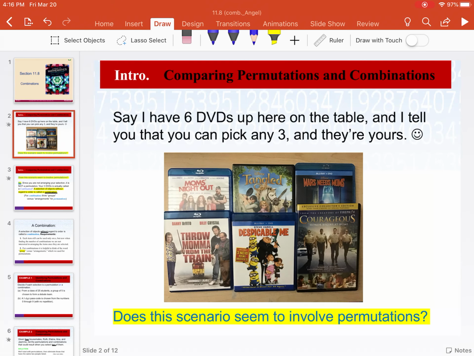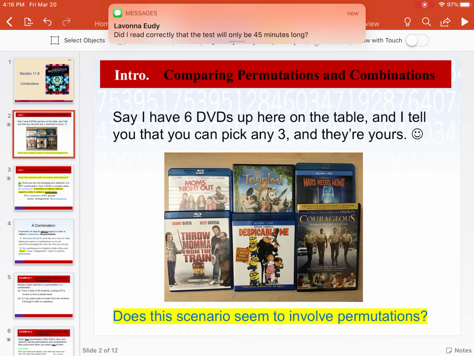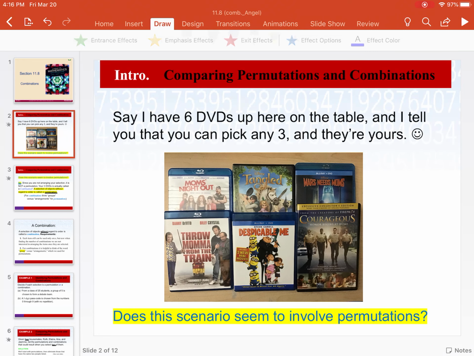All right, so here's an idea. Say I show you 6 DVDs, and they're up here on a table, and I say, hey, you come on up here and pick any 3 you want, and they're yours. Now, you might not like my DVD options, but that's what happens when you have a young girl.